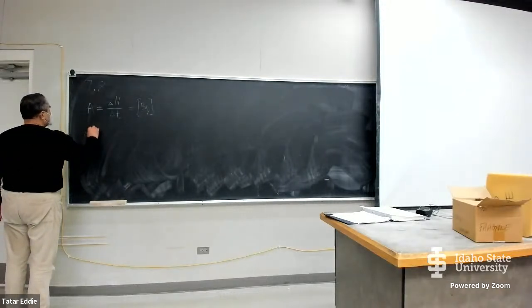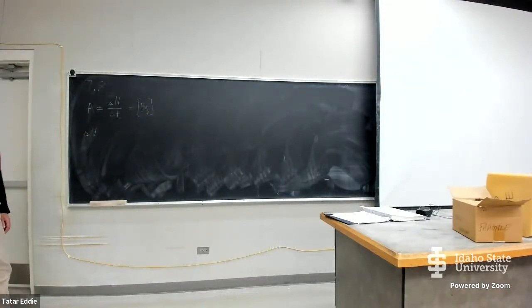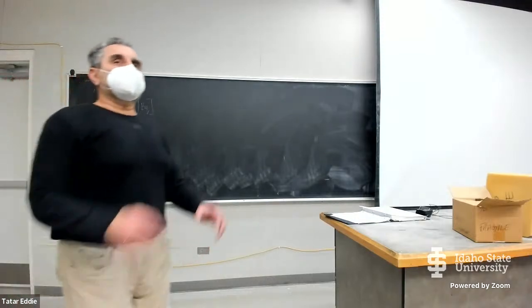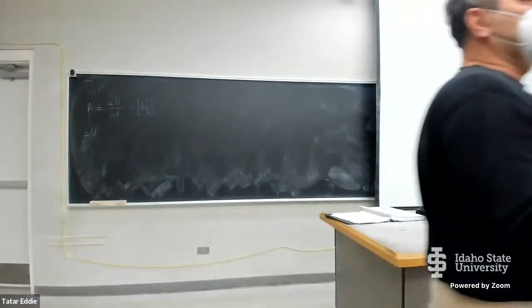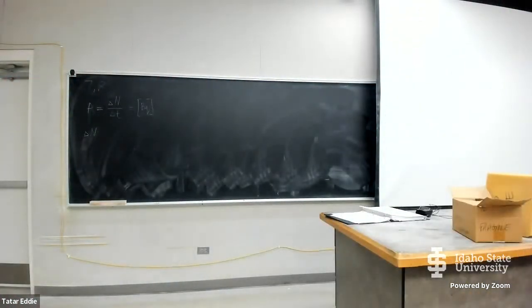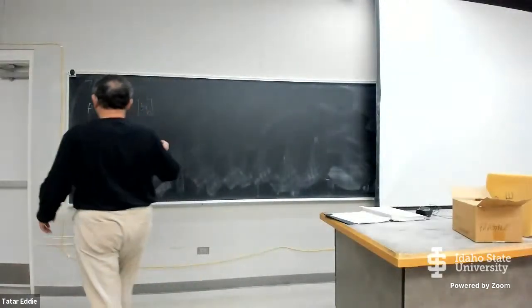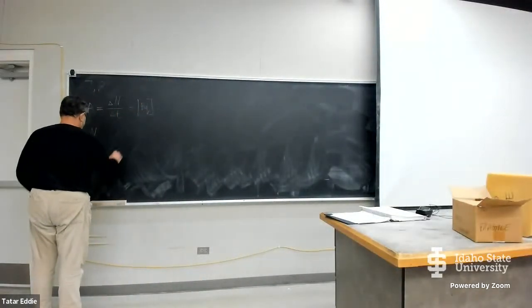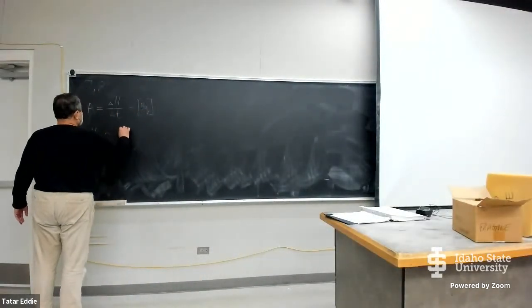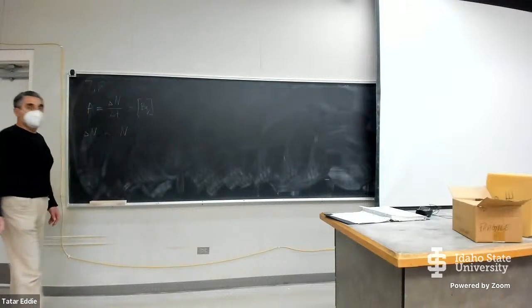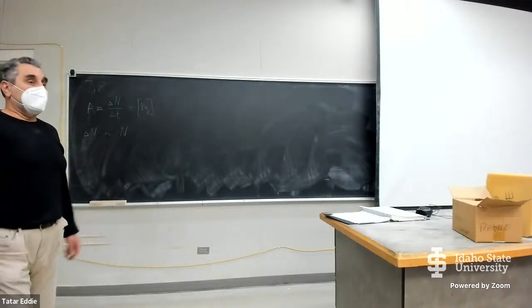Well, the number of disintegrations that you can observe should be proportional to the amount of available radioactive nuclei, right? To the number of available radioactive nuclei. Therefore, delta N has to be proportional to the number of available nuclei.